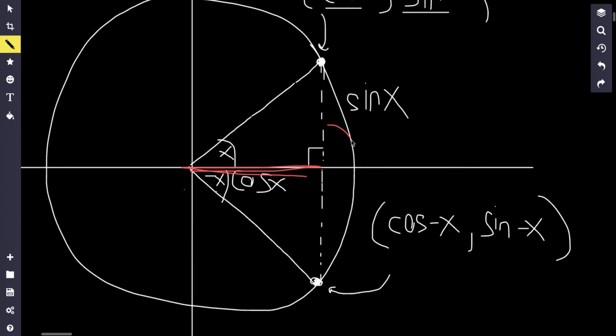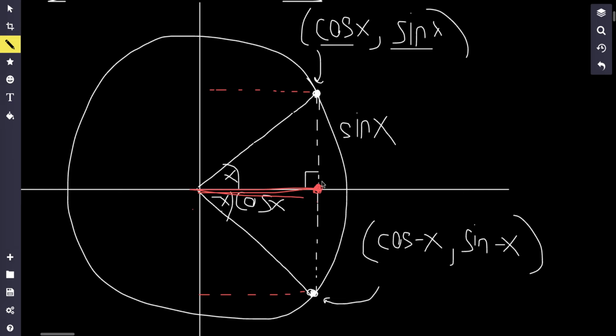And when I reflect this triangle onto the other side, my x value doesn't change, right? My x value does not change. However, what does change is our y value. You can clearly see that our y values are different, but our x values are the exact same thing. So this is why cosine of x is an even function.